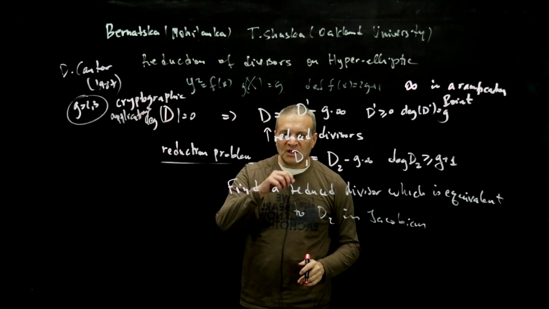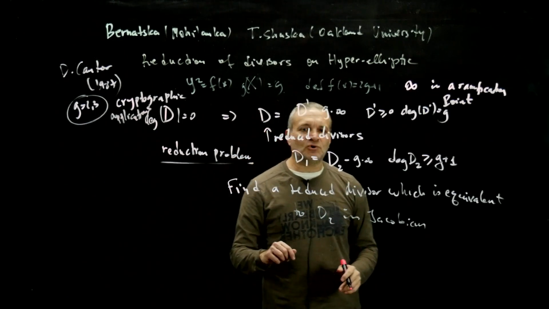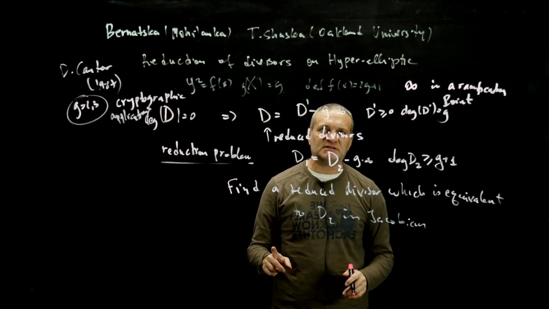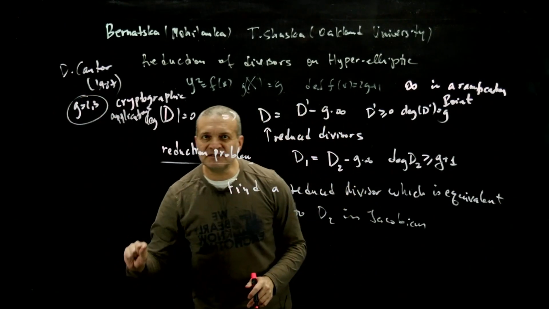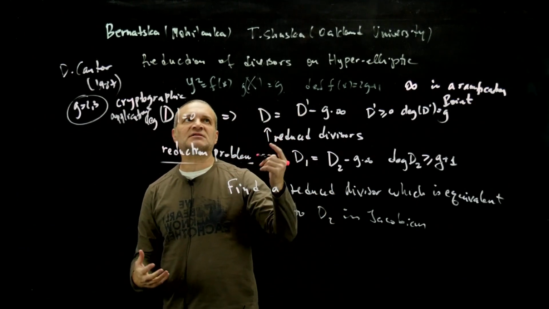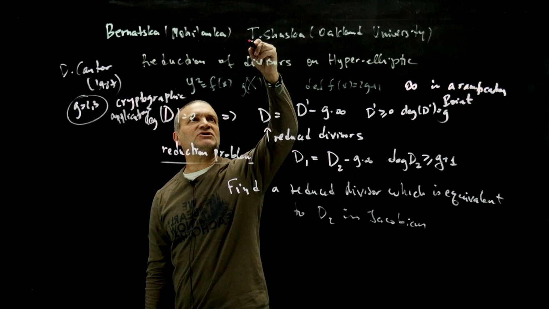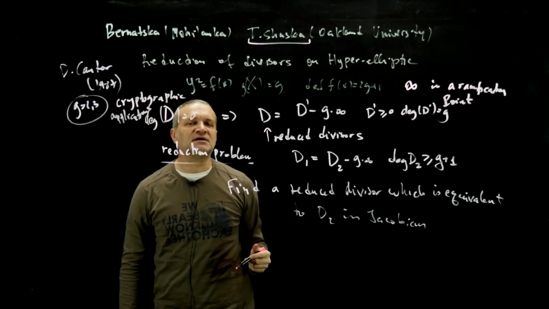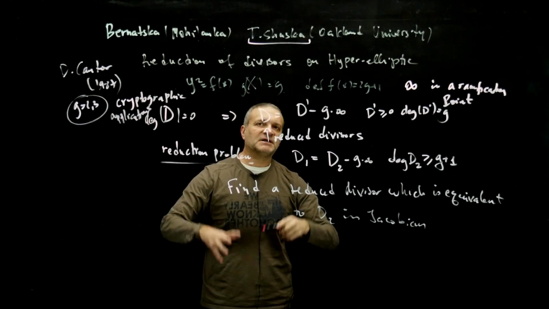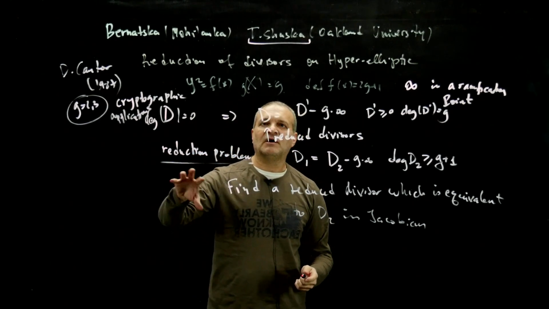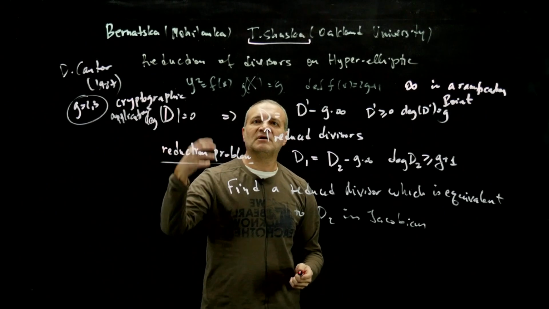Now, I'm not going to present Cantor's algorithm. I'm going to present another algorithm, which I didn't see appearing in the literature. This algorithm was inspired by my joint work with Tony Shaska. We have a paper where we did something for superelliptic curves, but we didn't do what I'm going to present now there.